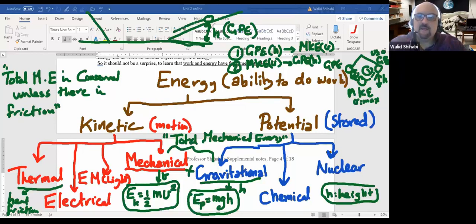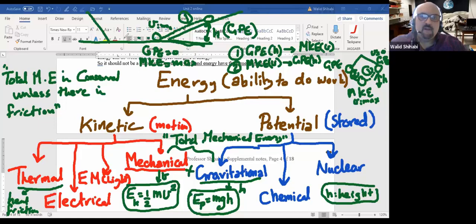So while it's falling, the gravitational potential energy is turning into mechanical kinetic energy until it reaches its minimum height, where the gravitational potential energy will be 0 because the height is 0, while the mechanical kinetic energy will be maximum, because the speed is maximum.